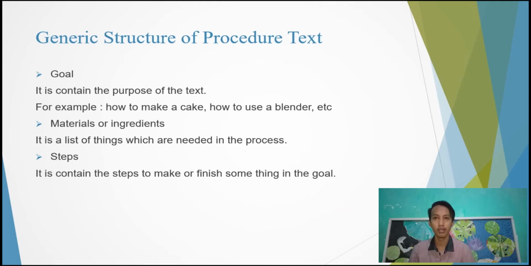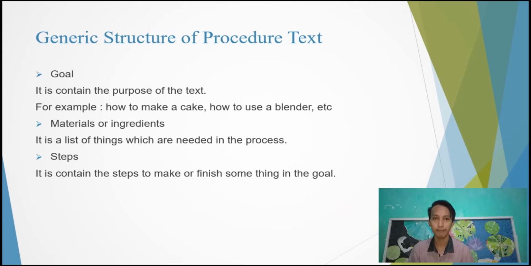And then how to use blender, for example, that's also goal of procedure text about how to use a blender. And for materials or ingredients, it is a list of things which are needed in the process. So when you want to make a cake, you need ingredients, about eggs, flour, maybe margarines, and oil.